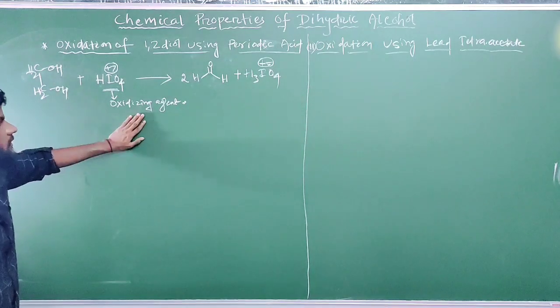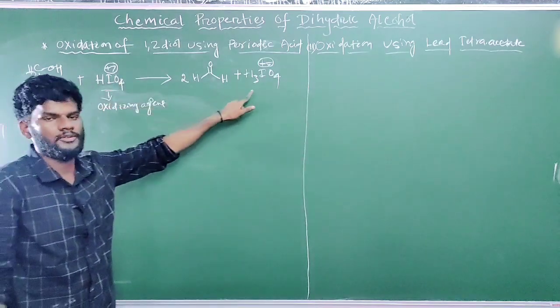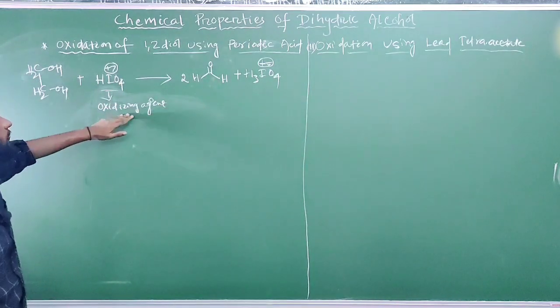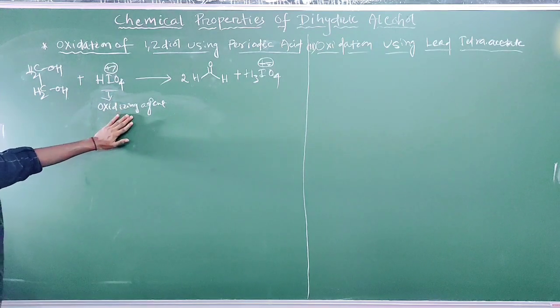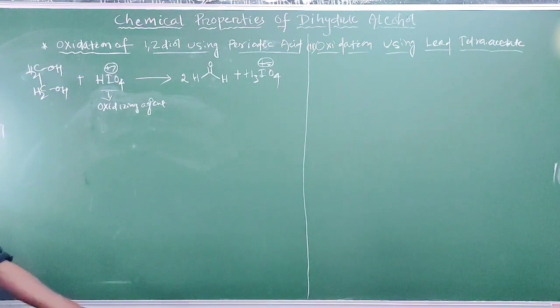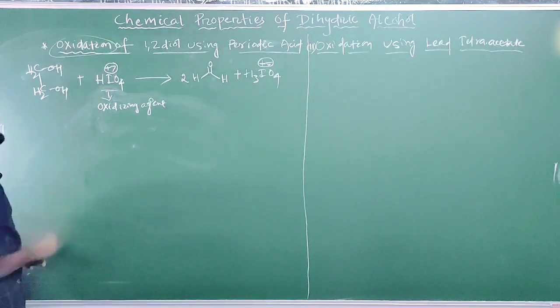The oxidizing agent will oxidize the other compound, here the substrate or starting material, and itself get reduced to a lower oxidation state. That is why this reaction is known as an oxidation reaction.